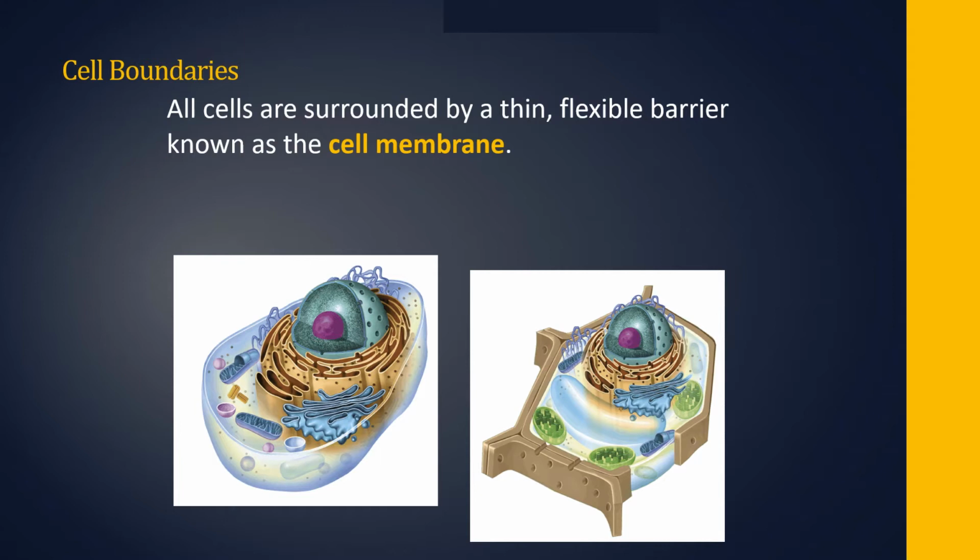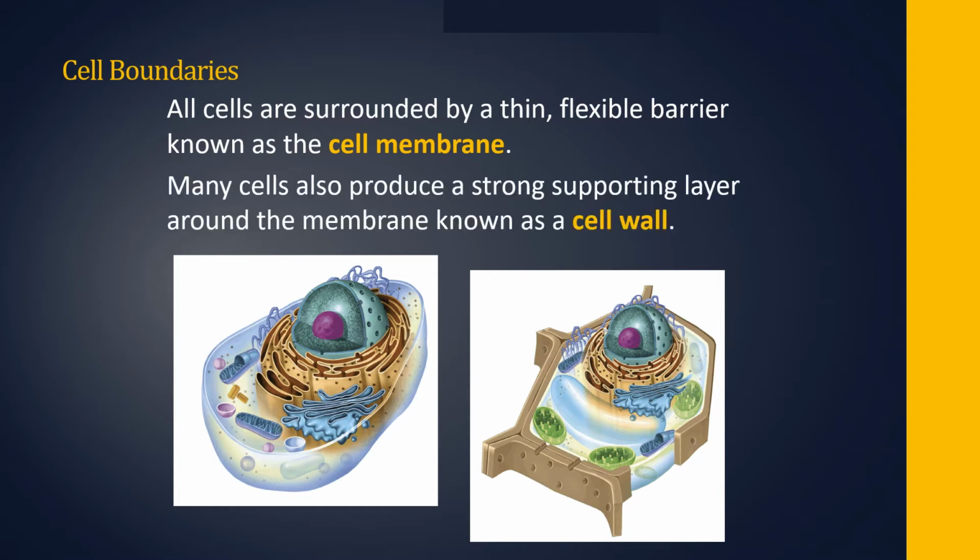Similarly, cells, either prokaryotic or eukaryotic, have what we call a structure that serves as cell boundaries. All cells are surrounded by a thin flexible barrier known as the cell membrane. Many cells also produce a strong supporting layer around the cell membrane known as the cell wall.